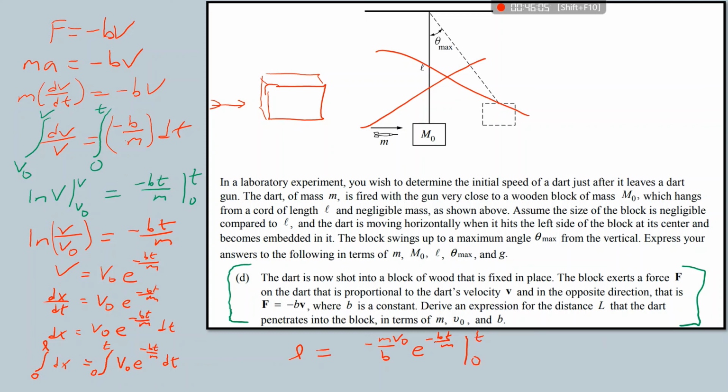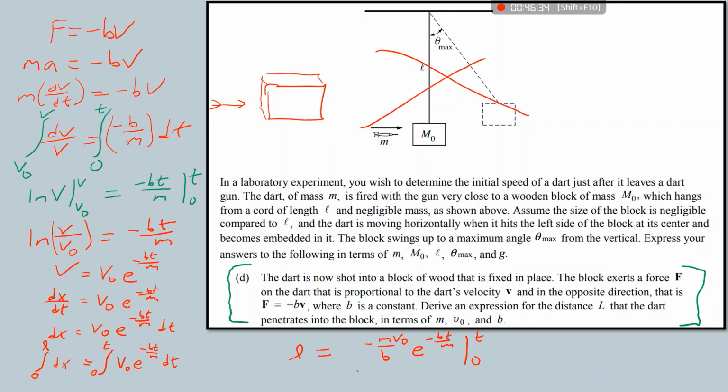Okay, then I can plug in t and subtract what happens when I plug in 0. When I plug in 0, what's going to happen? That's 1. So this will be this thing that I have right now, plus mvo over b.